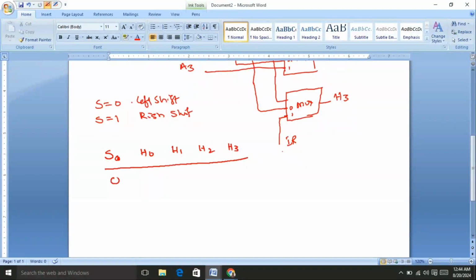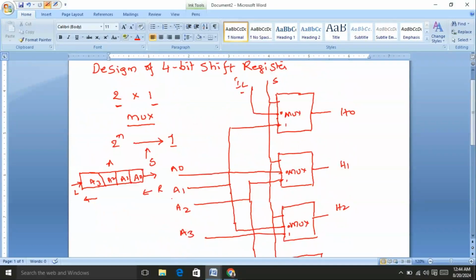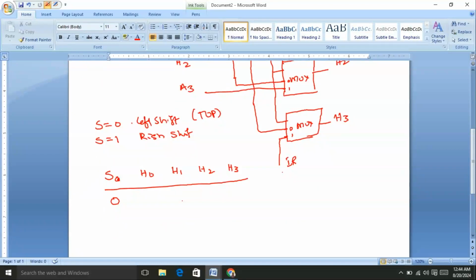Now I am going to represent that. Suppose S equals 0, that is the shift left operation, that means data moves towards the top side. Now here that is A0, A1, A2, and from the right side the right input IR is inserted.